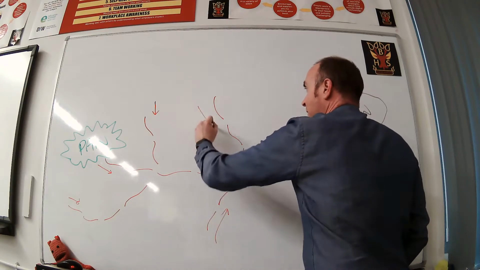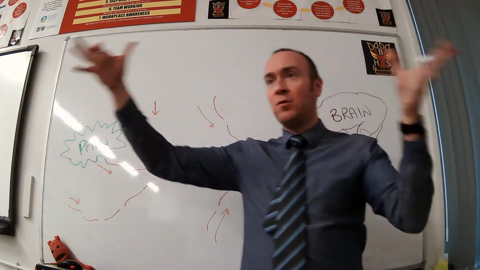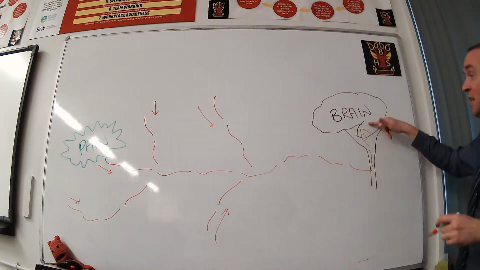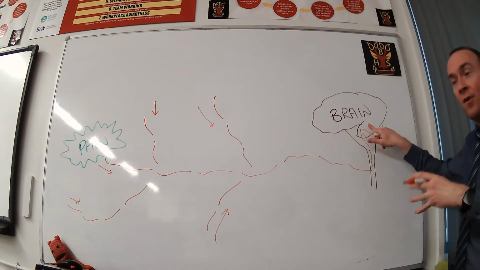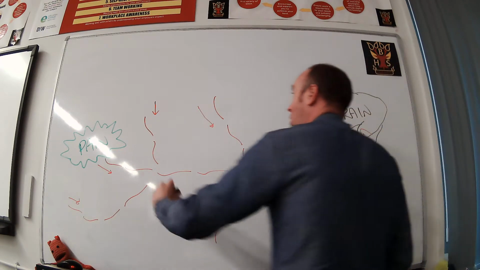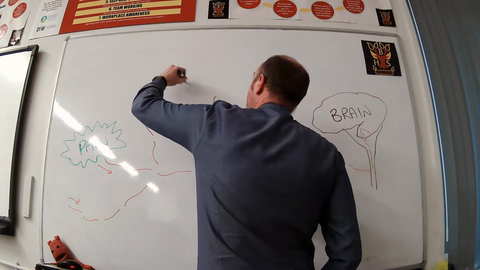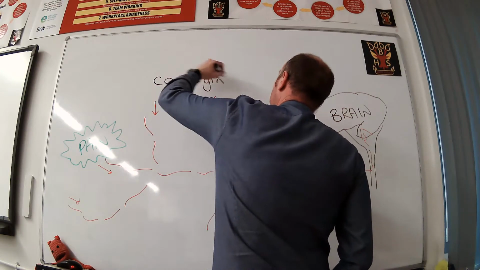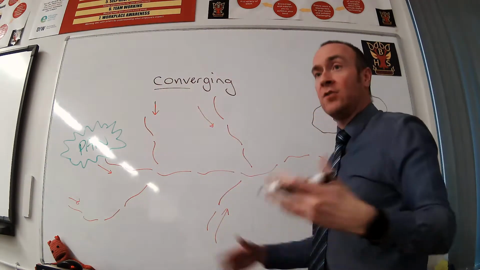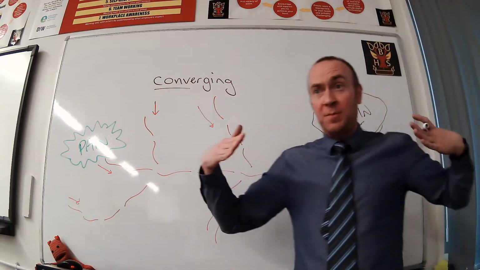Right? So the information is being collected from several different places and giving the brain one picture. That picture is called a converging neuropathway. All that converging means, for those of you that haven't seen that word before, is coming together, right?